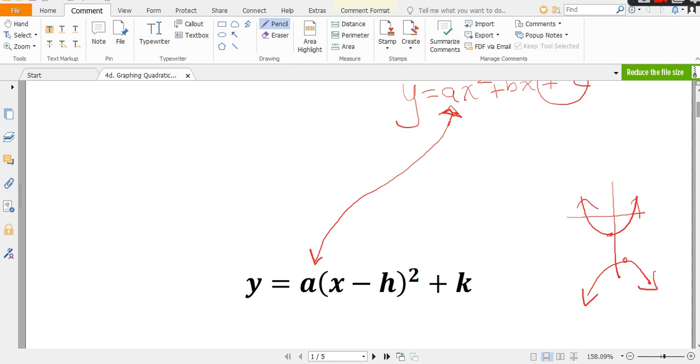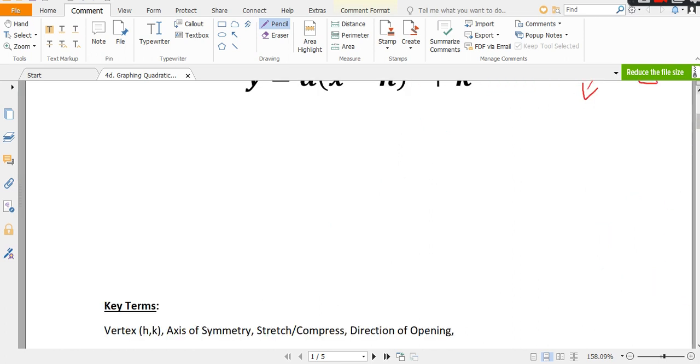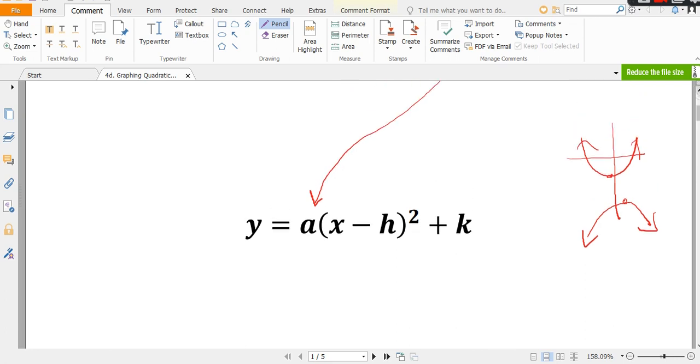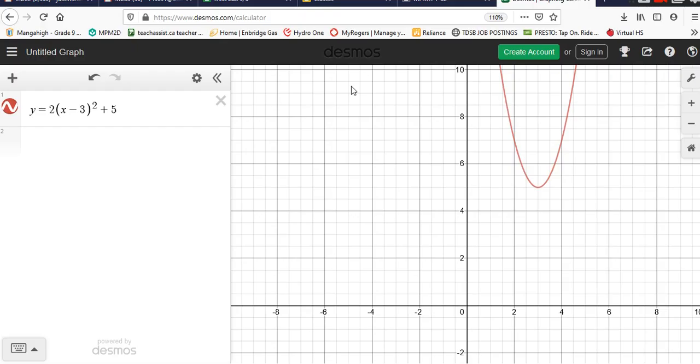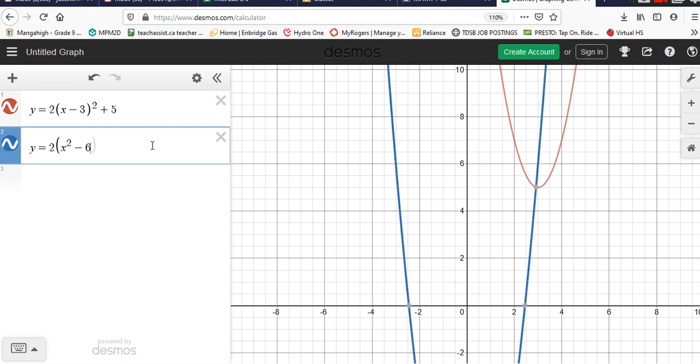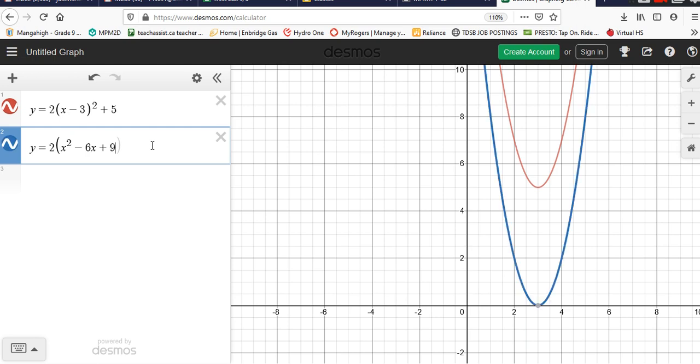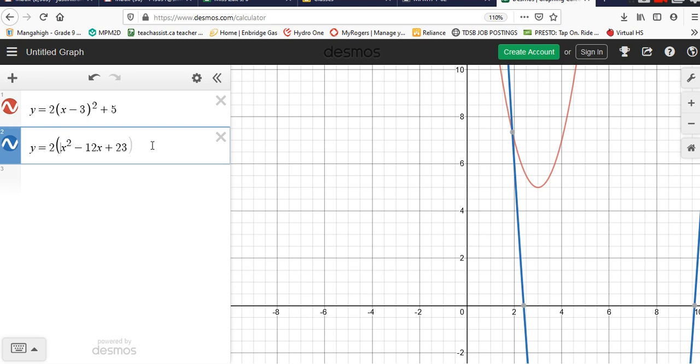Now, when I say that these a values are the same, I mean, if I were to switch over to Desmos and write y equals 2, and don't worry about this right now, I'm just doing some quick maths, plus 18 plus 5, plus 23 minus 12x.